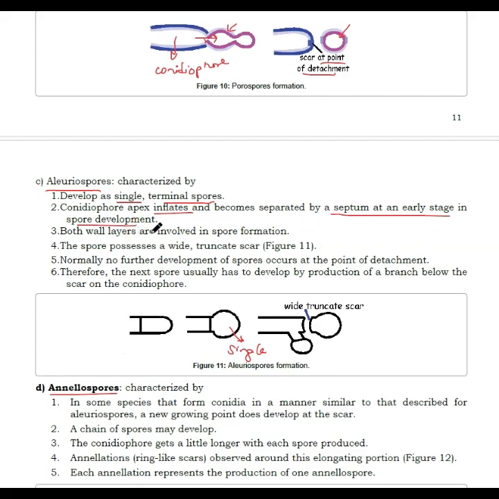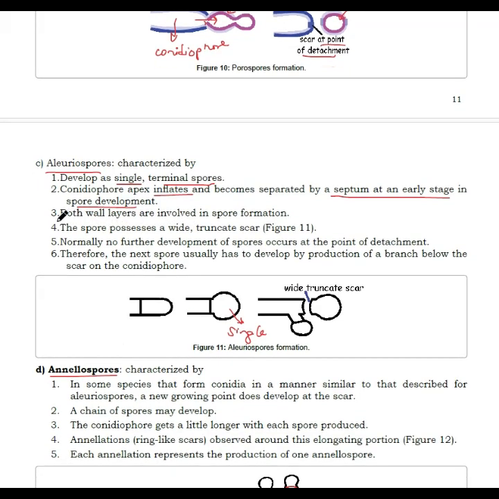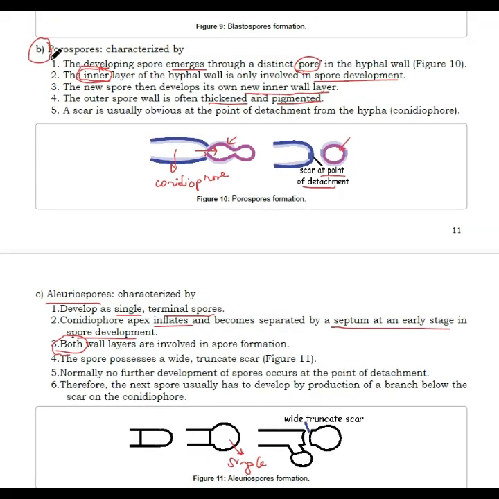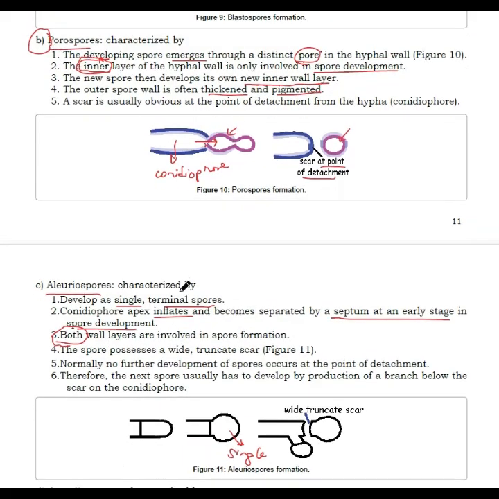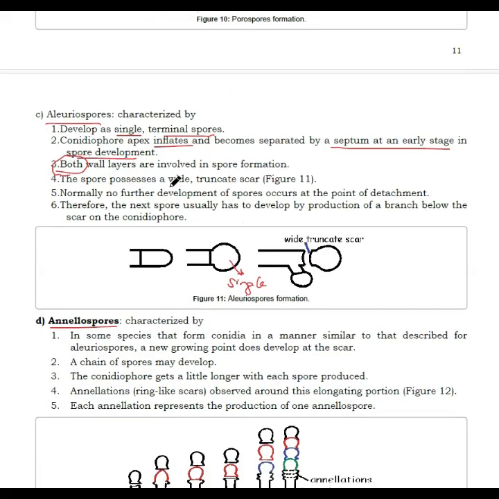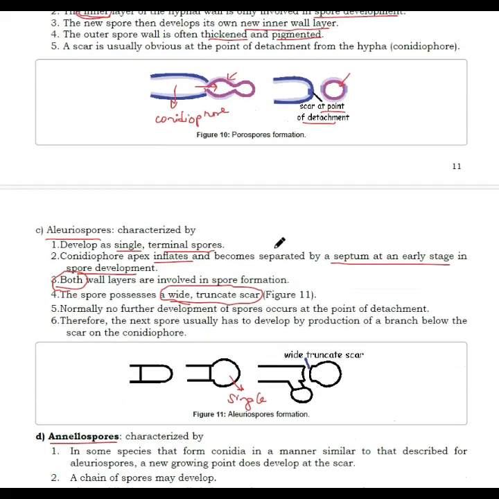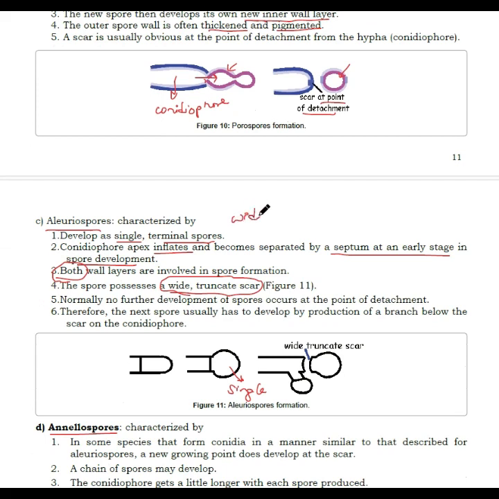The septum occurs earlier here, not like thallic, but a little earlier. Here again both wall layers are involved, whereas in porospores only one wall layer is involved. In aleuriospores the spores have a wide, truncated scar. A scar was there in porospores also, but here it is wide and truncated.